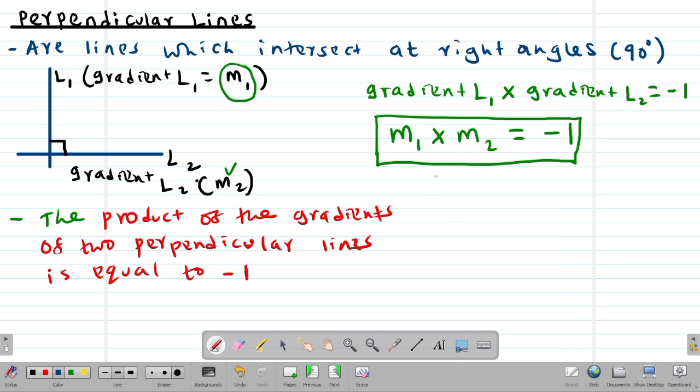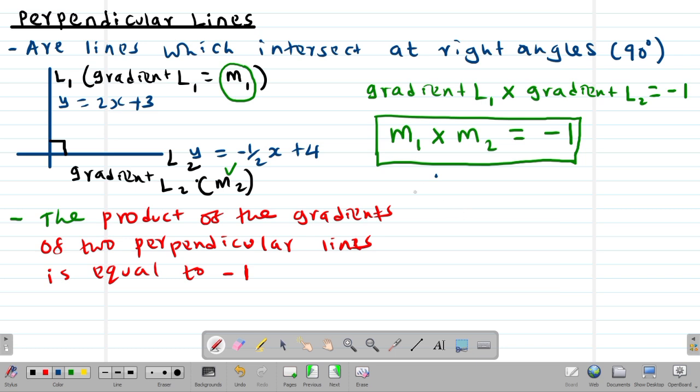Maybe the first line has the equation y = 2x + 3. Then the second line has the equation y = -1/2 x + 4.